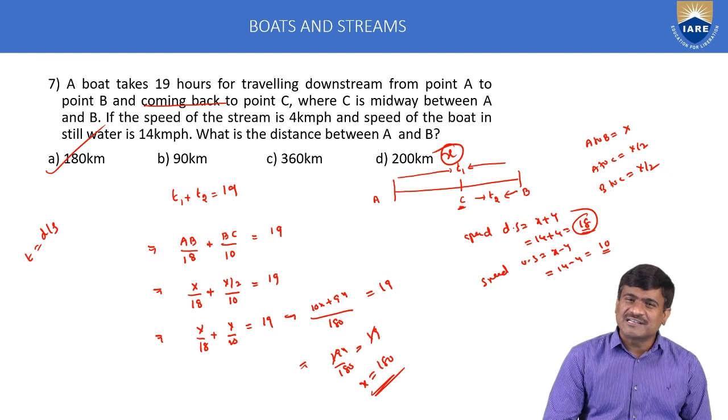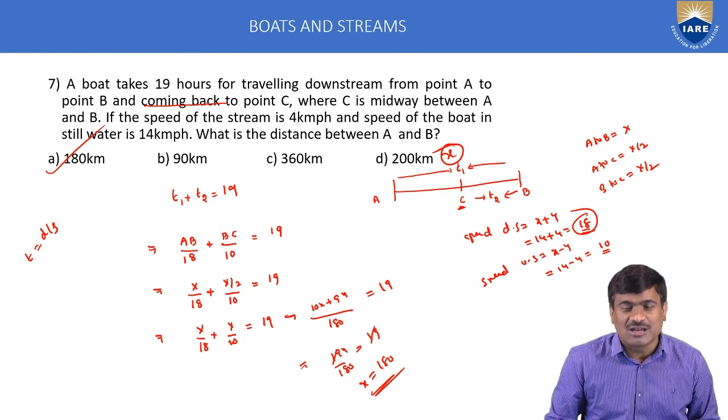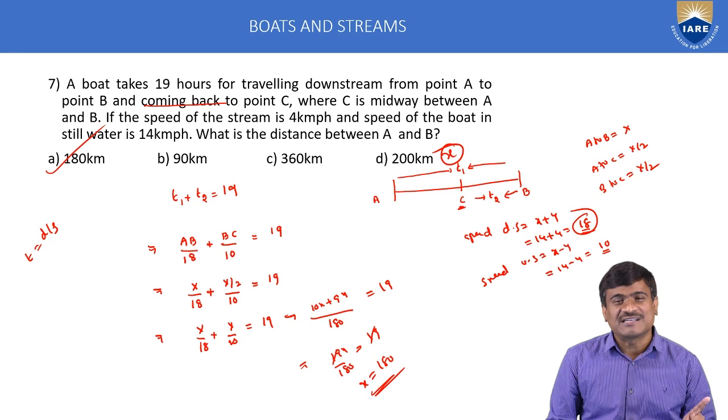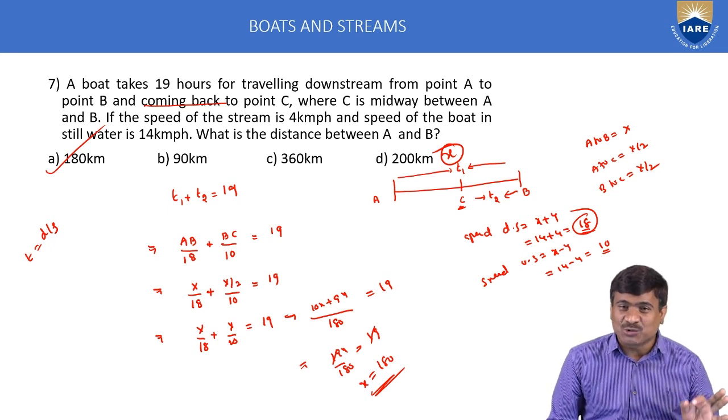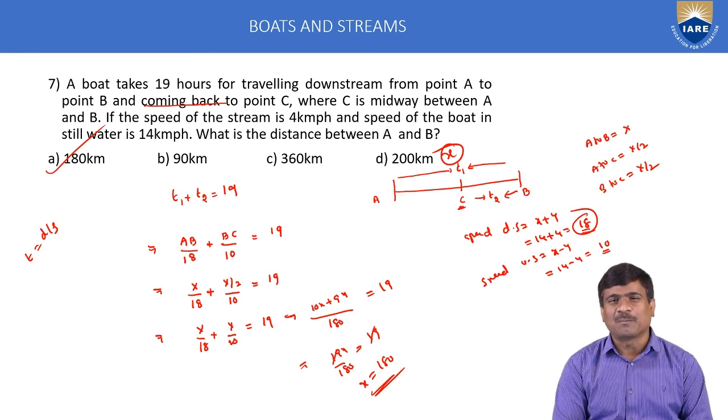Suppose find the distance between B and C. B and C distance only 180 by 2, only 90 kilometers. Upstream distance is 90 kilometers, but downstream distance 180 kilometers. Your question belongs to only downstream distance, that is only 180. Option A only correct. Okay, this is also important to competitive exams, especially important to placements.